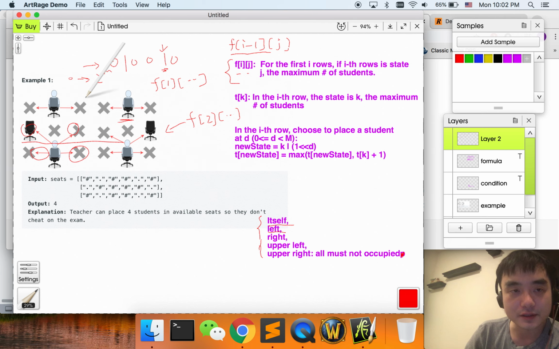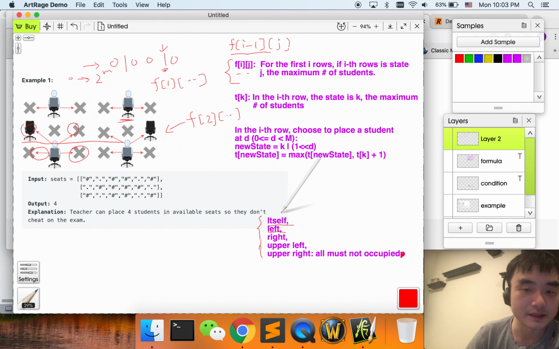And after we get the state of the first row, when we calculate the second row, we can be sure of the state of the row above, and we can check if the upper left and the upper right are occupied by students, right?